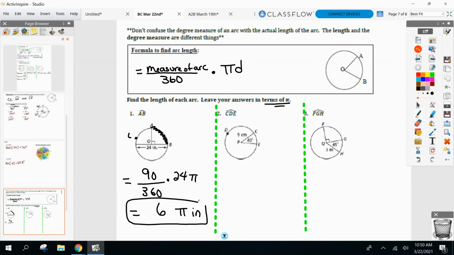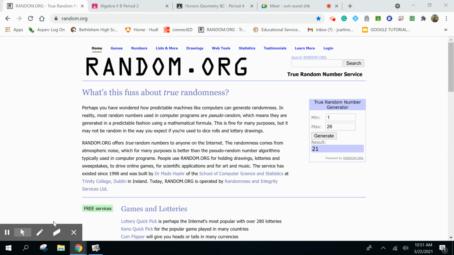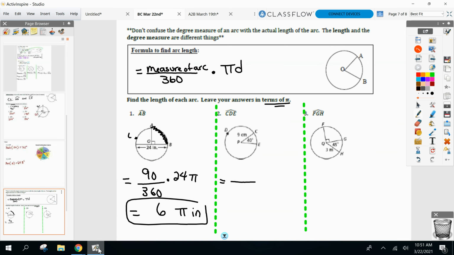Questions from you guys? Okay, CDE now. Be careful of the order, please. C to D to E. What's the measure of arc CDE, so I can get started on the right foot? Measure of the arc. Emma, what do you got? Measure of that arc. 320 degrees. Good. She didn't use 40 because that's CE.